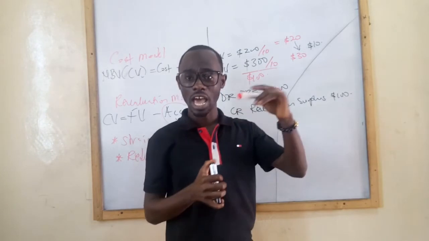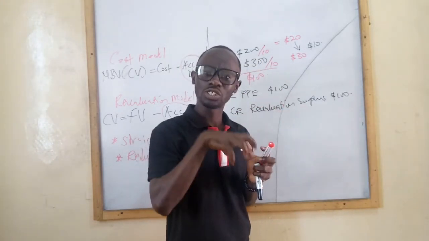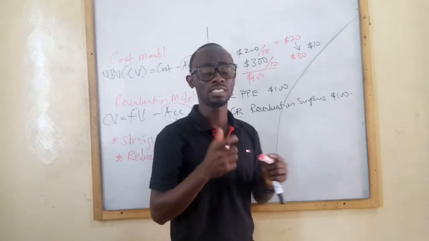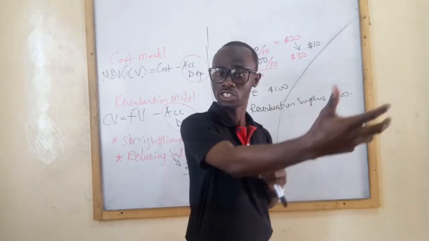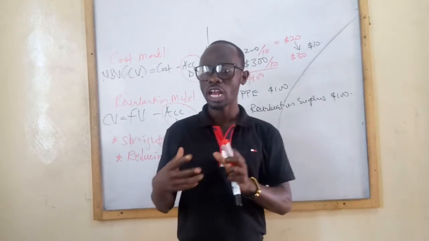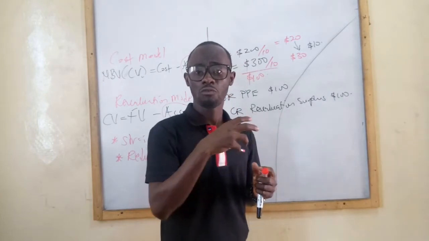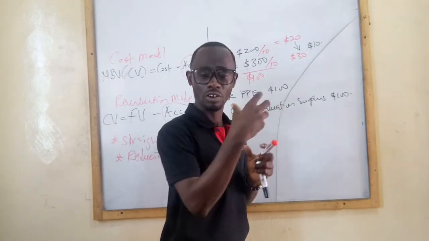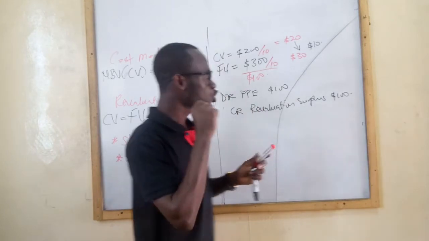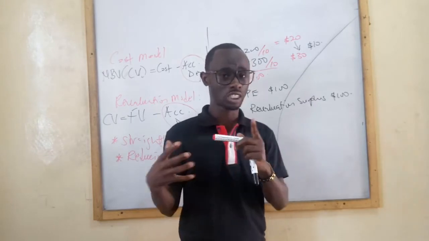Now this $10 is going to increase our expenses. Since it is increasing our expenses, it means it will reduce our profits. Since it is reducing our profit, it means that we will have less profit available to be given to our shareholders. So what usually happens is that we need to compensate the shareholders for the increased depreciation or the upward revaluation of the assets. So what we do is that there is usually what we call an annual transfer.